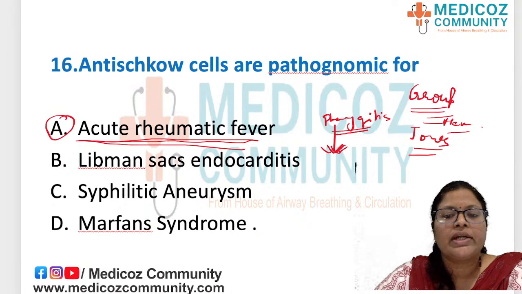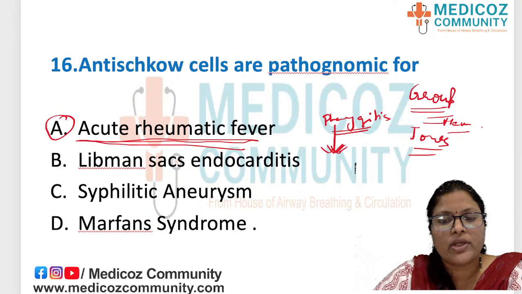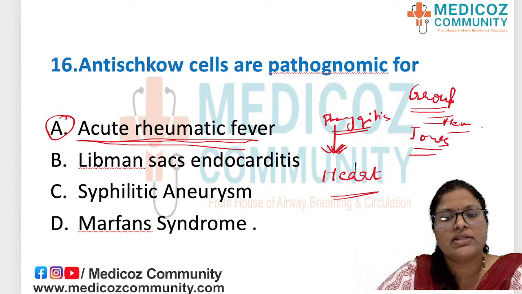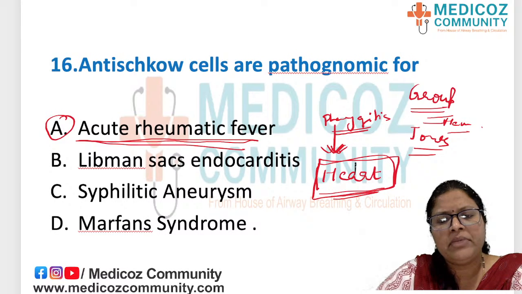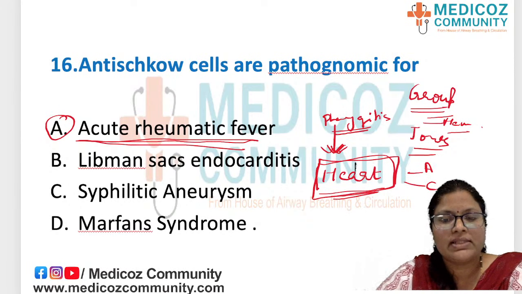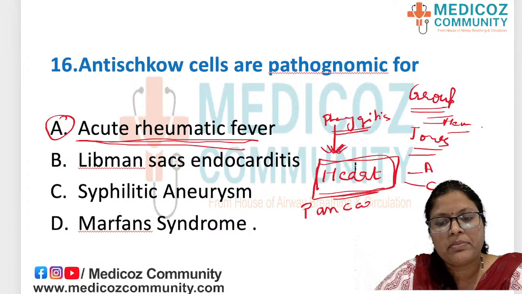Then it goes and affects the heart. They have a prior history of pharyngitis, and now they come with rheumatic fever and rheumatic heart disease. It can be acute, can be chronic. We are talking about the acute disease here, and it is a pancarditis. Remember, rheumatic heart disease is a pancarditis.